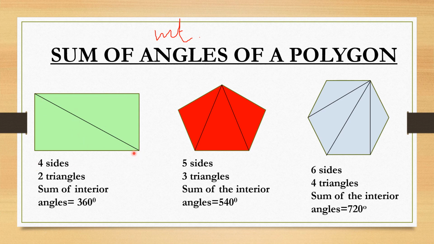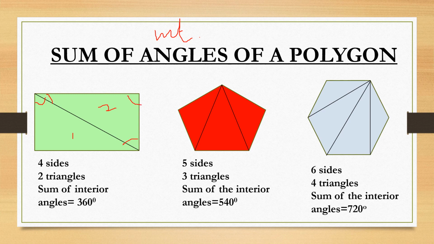By diagonal, you know, it is a line segment joining the opposite vertices. When a diagonal is drawn, it has divided the quadrilateral into two triangles, and sum of angles of each triangle is 180. Therefore, the sum of interior angles of this polygon is 360.